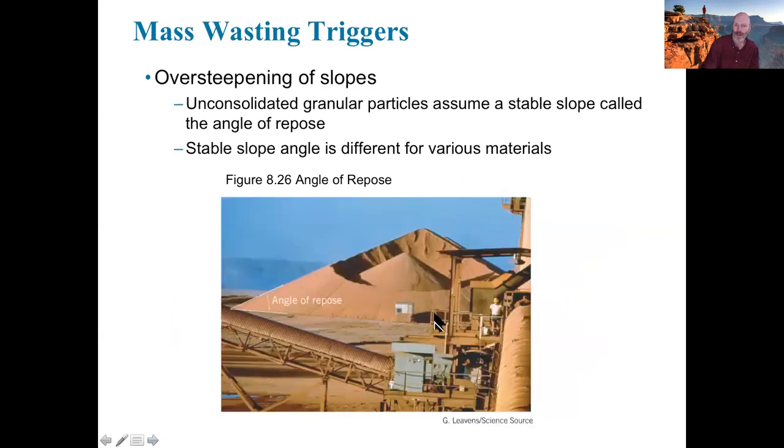One of the things we can see is if you build things up of sand or sandy type of material, it may in fact slope down and it will find a new equilibrium. This actually happened in a coal mining accident in Wales.